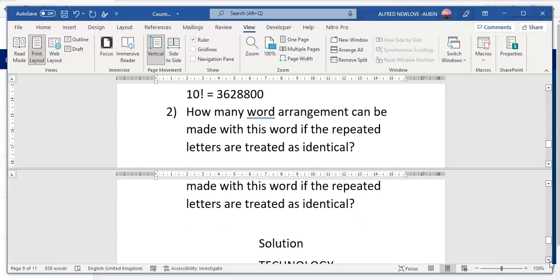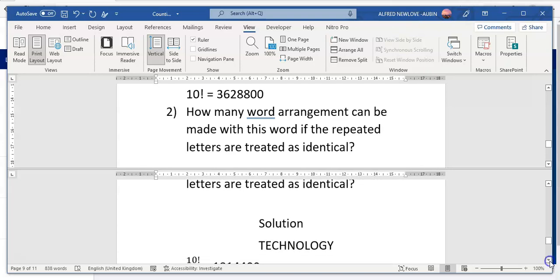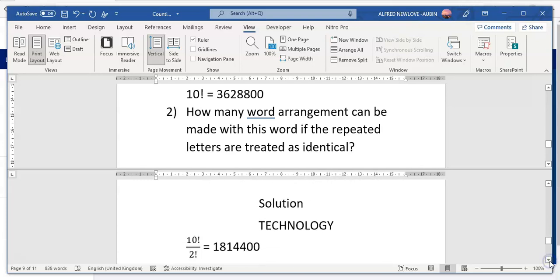You treat them the same. Identical twins. They look alike. If you treat them differently, it's only 10 factorial, which we have already done.